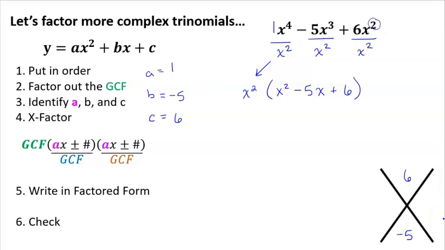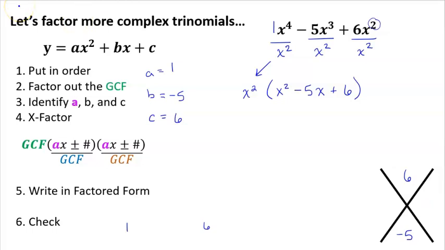And then when we think about 6, we've got 1 and 6 could give me a 5, right? But if I put a 1 and a 6 here, and I put 1 minus 6, it would give me negative 5. But when I go back and multiply 1 times negative 6, it doesn't give me a positive 6. And so those two factors don't work.